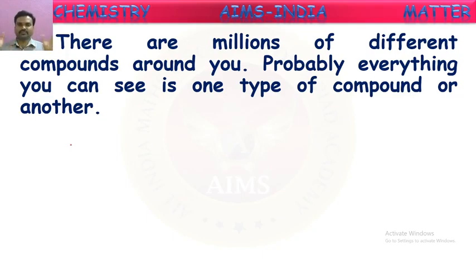There are millions of compounds. Even scientists are discovering some more elements day by day. So there are crores of compounds in the universe. Probably everything you can see is one type of compound or another. So whatever you see around you, it might be one type of compound or some other. Everything here is made up of certain compounds, right?